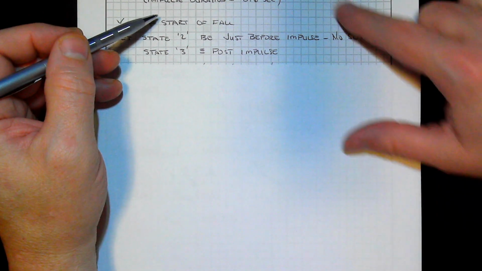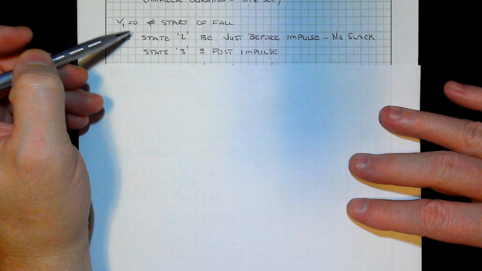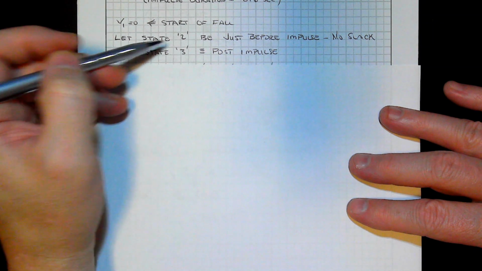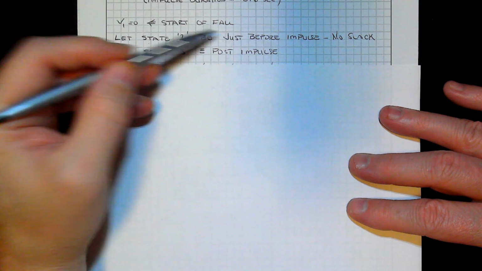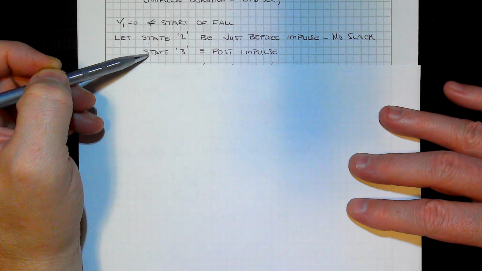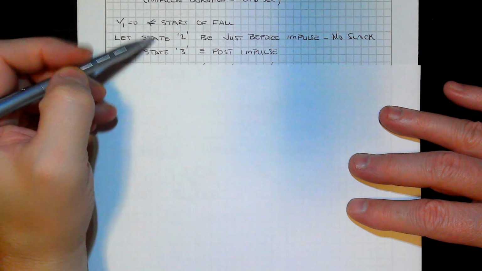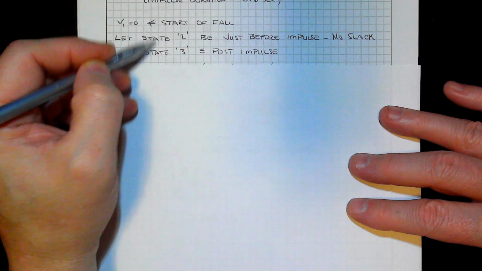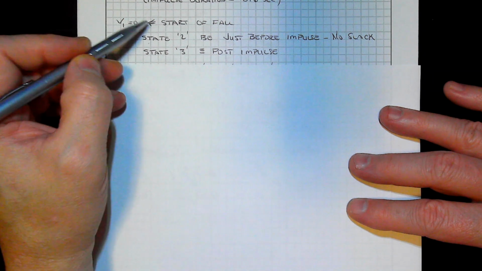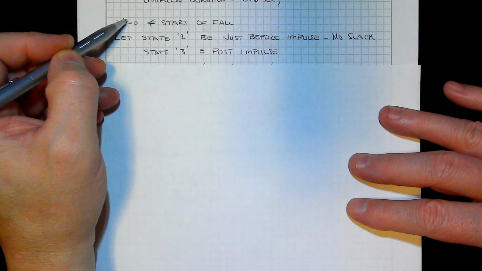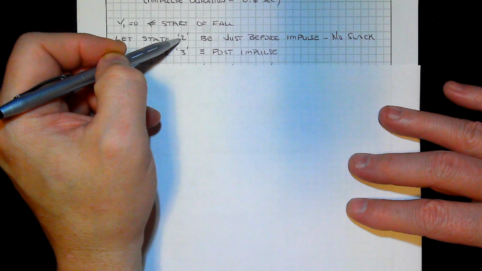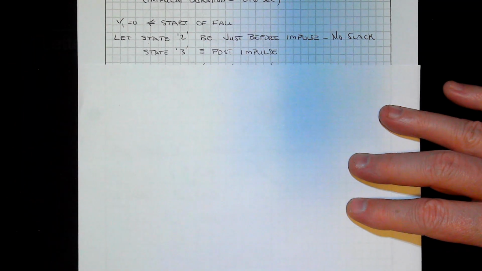So, here's what we have. They fall off this platform. They're going to fall 4 feet. State 2 is just before the impulse. State 3 is post-impulse. Between 2 and 3 is where we're going to do our momentum problem. But we've got to get from here to there. So let's think about that for a second.